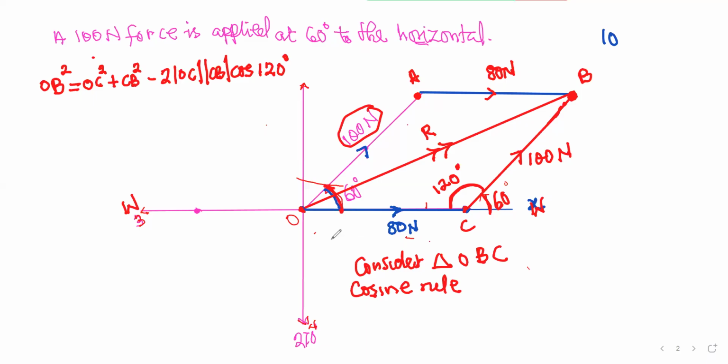Come again with the question. It's not angle BOC, it is the whole of this angle, the 60 degrees. You are referring to this acute angle. That's not what I'm saying. Okay, sir.